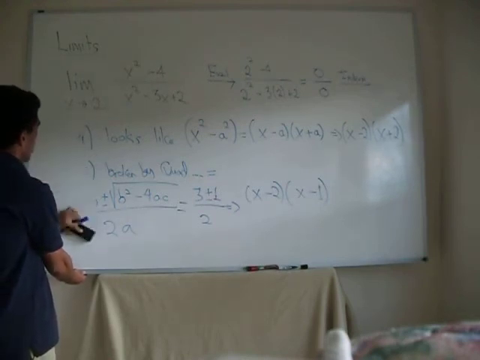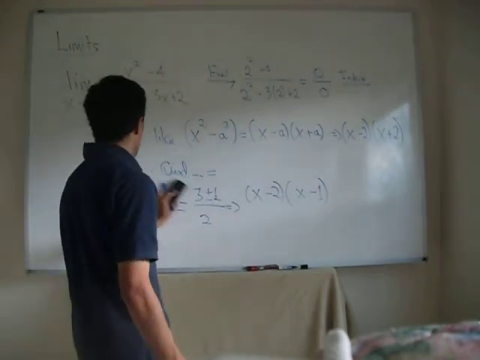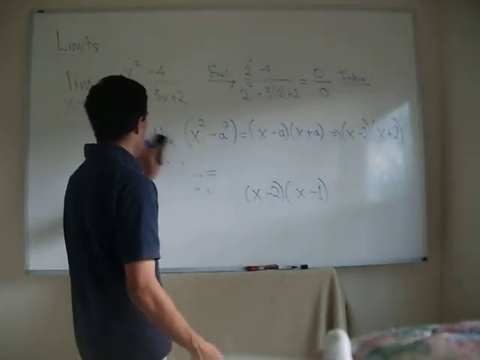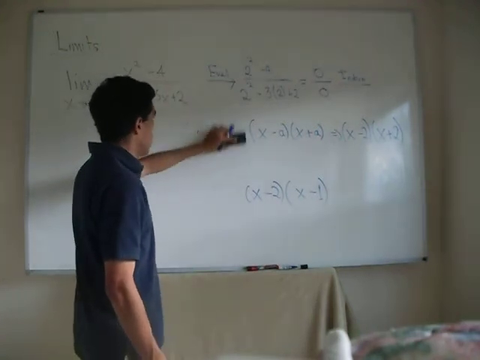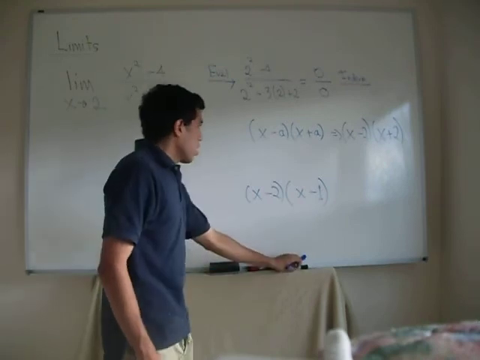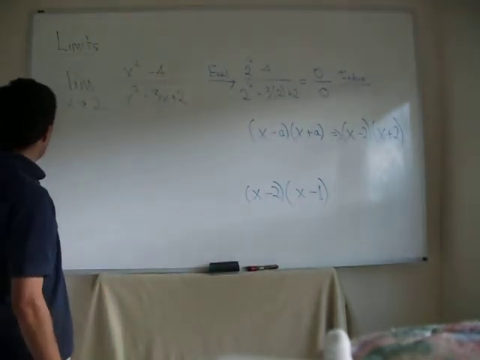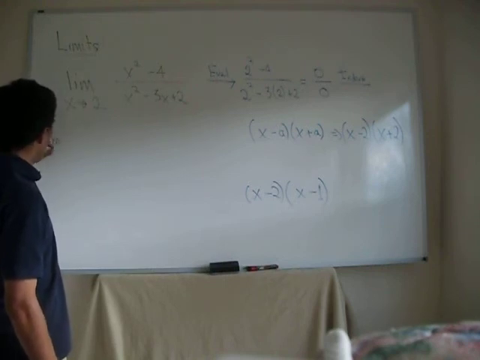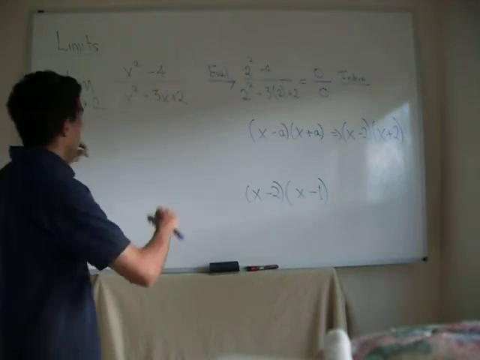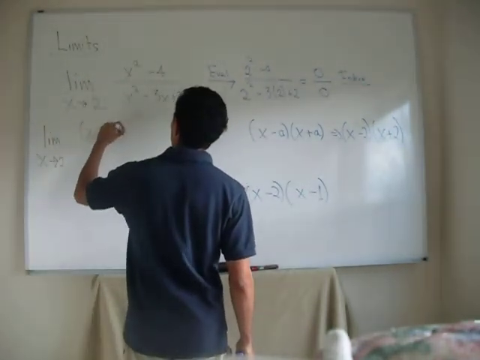So with 1 second. I'm going to have limit of x tending to 2. Upper part is going to have x minus 2 times x plus 2.